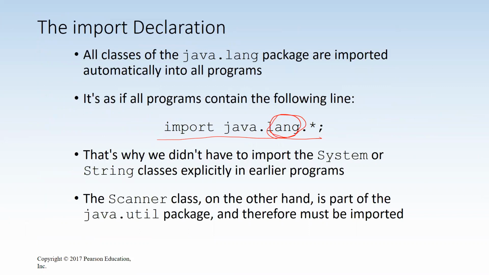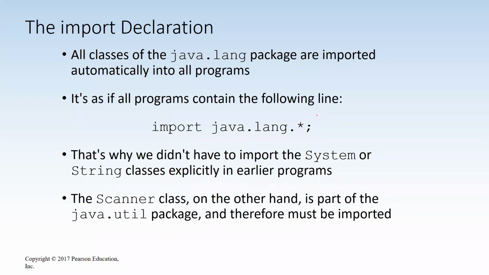So you don't have to explicitly import it. It's implicitly imported for you by the language, by the environment. But this means everything, every class in that package. So dot followed by a wildcard.